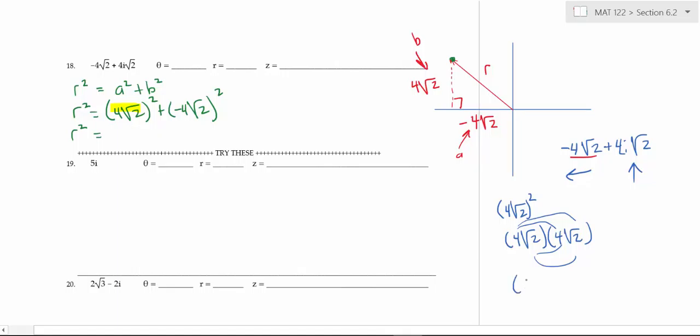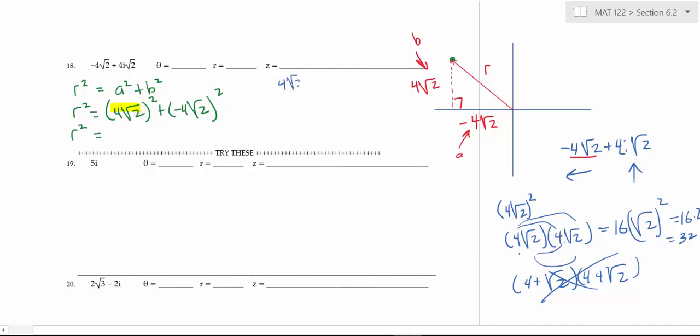FOIL looks like this: if you have 4 plus root 2 and 4 plus root 2, yes, you can go through and do the first, outer, and all that stuff. That's not what this is. So you just multiply this. You go 4 times 4 is 16. Then you take the square root of 2 and square that, and the radical comes off, so you get 16 times 2, which is 32.